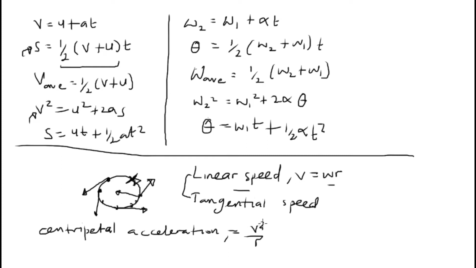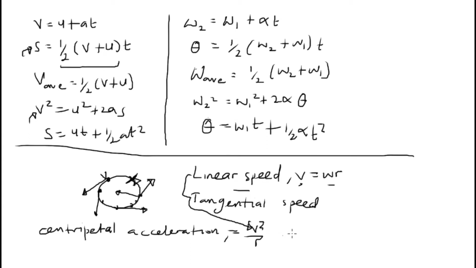That's the formula for centripetal acceleration, where v is the linear speed or the tangential speed. We can also have tangential acceleration, that is the acceleration at every point. That means if the velocity, which is the linear speed or the tangential speed, changes with time as the object moves along the circular path, there will be an acceleration.